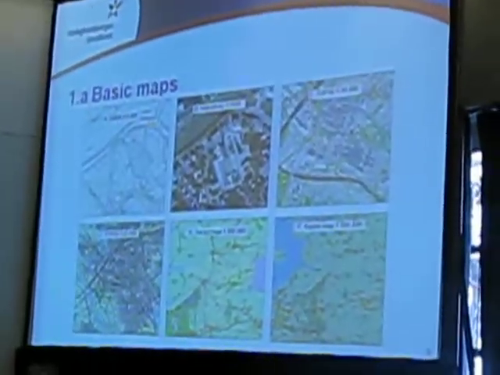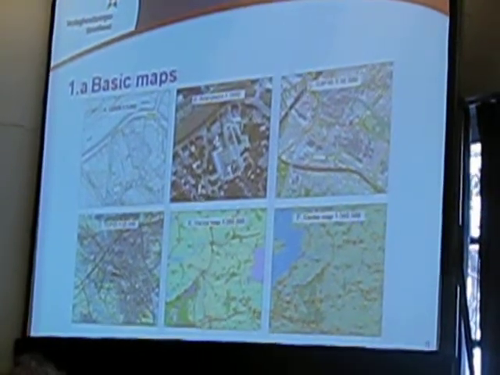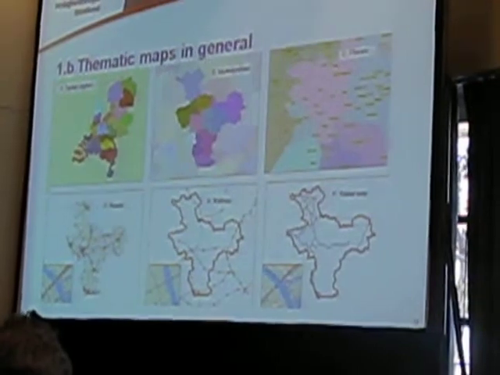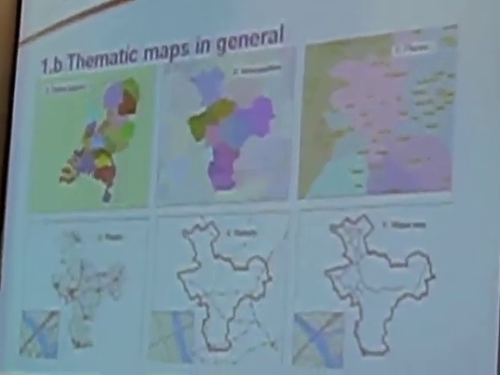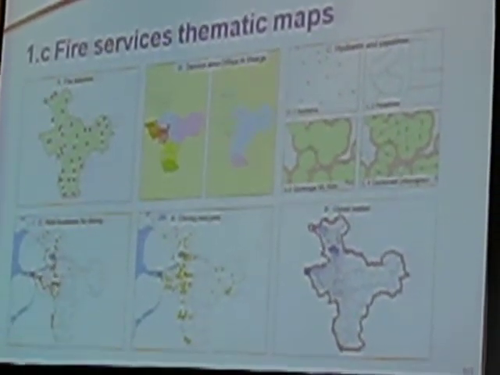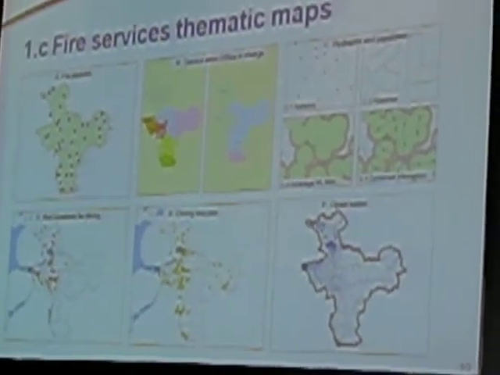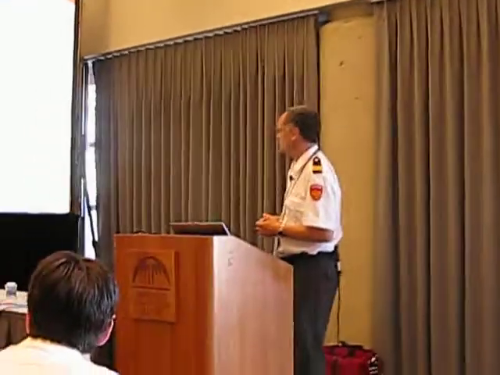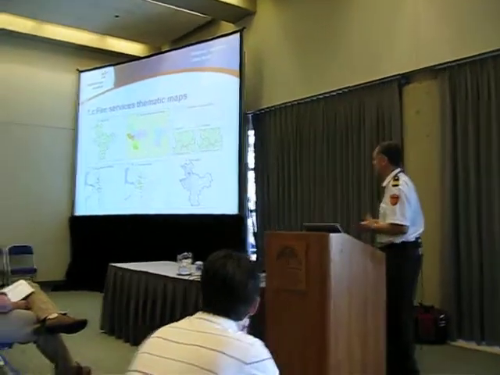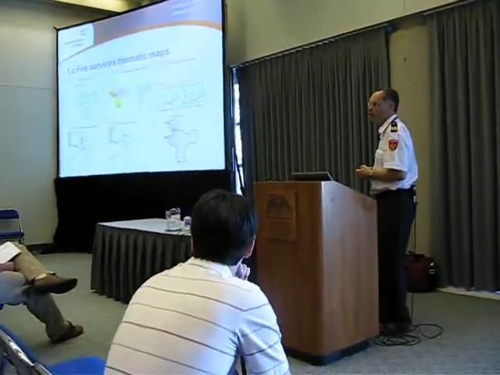Basic maps: vector, raster, aerial pictures, different scales. Thematic maps: general, polygons, lines, points, infrastructure, and thematics for the monodisciplinary services, such as where the fire stations are, service areas, the hydrants, the pipelines, coverage area, and to the left, risk locations for diving, where in the last years there were diving rescues in open water.